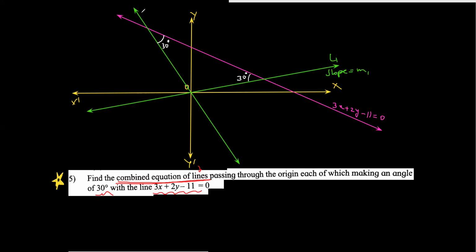And this is line L2, slope equal to M2. And this line, you already know its slope: minus a upon b, that is minus 3 upon 2. Let me write this line as L3. The given line is L3, so this is M3. Okay, fine.